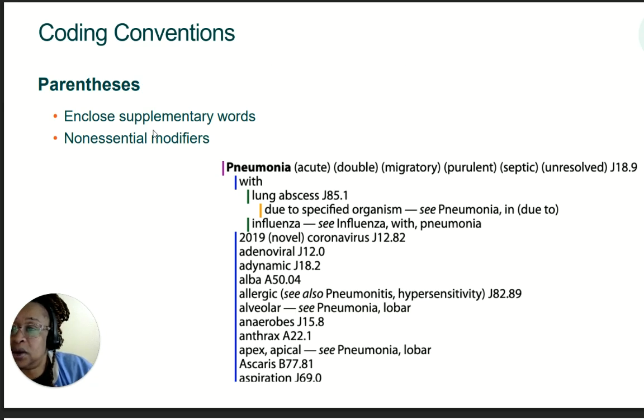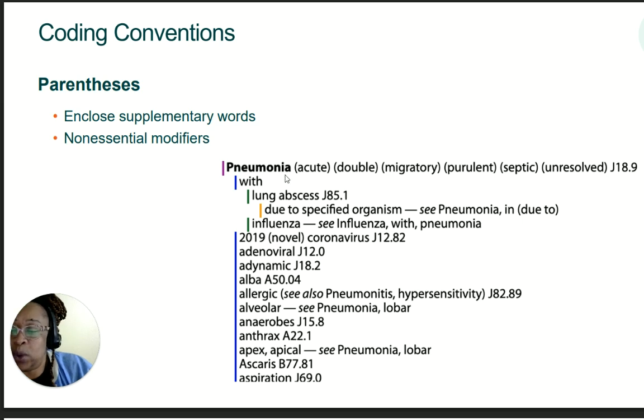Parentheses enclose supplementary words or non-essential modifiers. The example we have is pneumonia. So we have acute, double, septic, and unresolved, which shows J18.9.